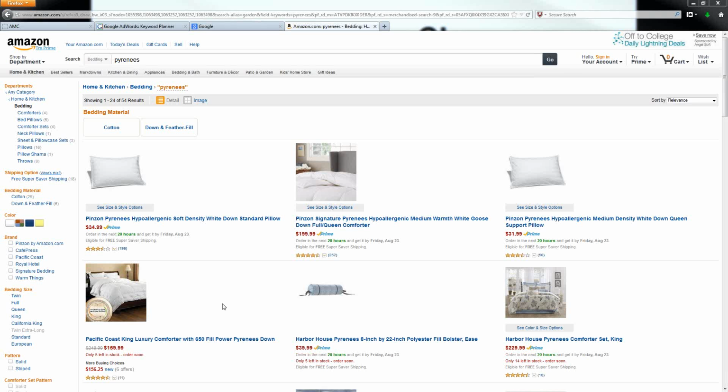This way I don't end up building a page about IKEA or Pacific Coast, and when it comes time to place the product advertisements on that page, I figure out they're not available on Amazon. They're only sold through their website or through retail stores or something of that nature.